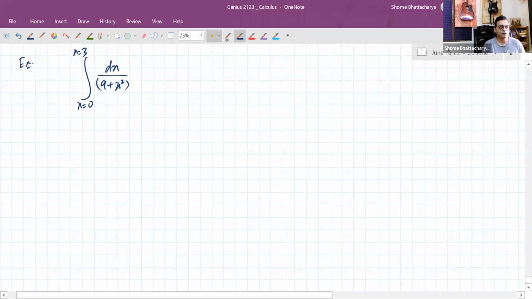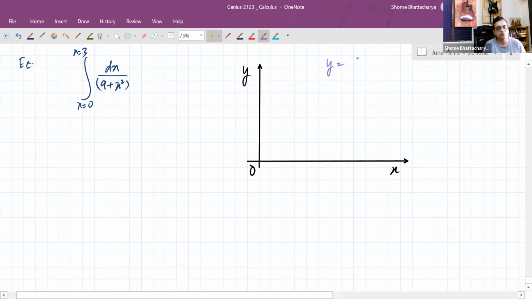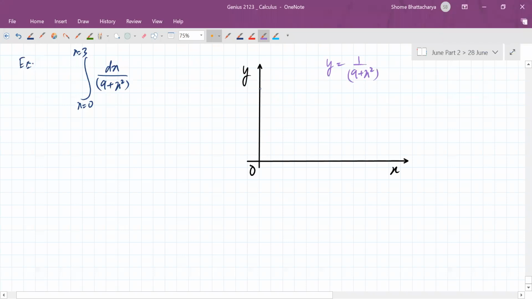So basically what we are trying to do here, before we actually work out the integration, is that if you have a function of the type y is equal to 1 upon 9 plus x square, how this function will look is like, as x tends to 0, y will tend to 9, and as x tends to infinity, y will tend to 0.